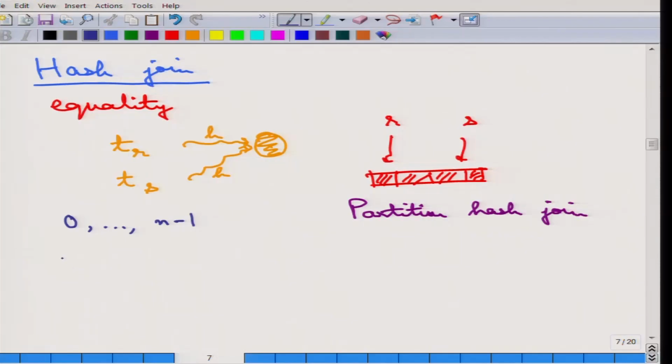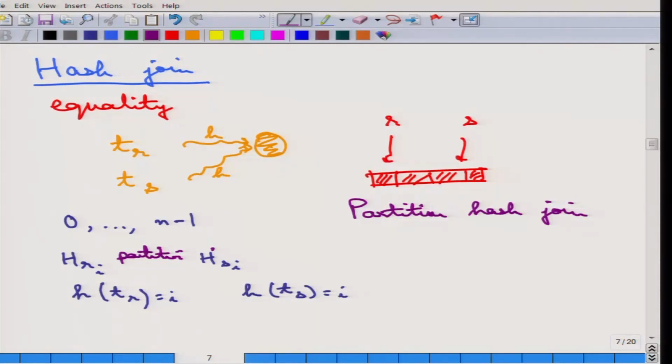Each record of R and S, so say this is HRI and HSI, these are the partitions of R and S. So, this means that if the hash function on TR is I, then it goes to the partition HRI, and if the hash function of TS is I, then it goes to the hash bucket HSI. Once that is done, the partition HSI is read.